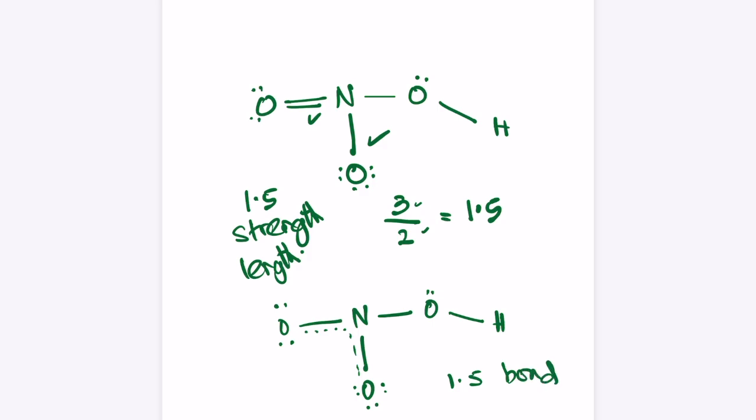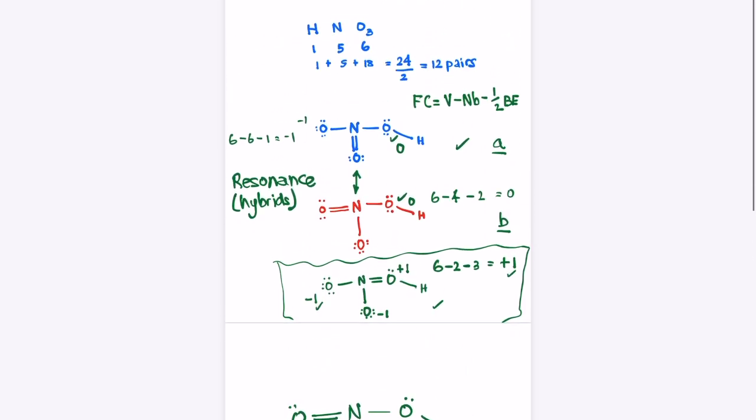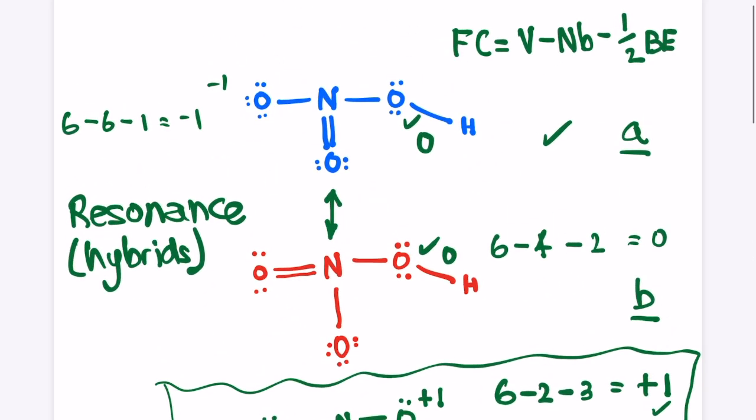So therefore, when such a situation arises where you have 2 or more possible valid Lewis structures, then we say we have resonance or resonance hybrids. It is purely a theoretical explanation because VSEPR does not allow us to have 1.5. So therefore, if we were to be sticking with VSEPR rules, which we are, then nitric acid has to be represented this way, that's on the screen.